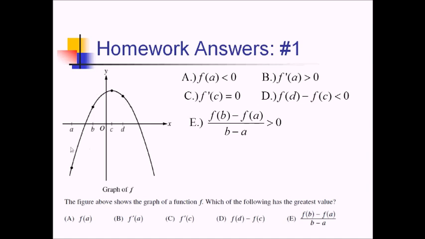And for that reason, it's also going to be bigger than any average between this and any of the other slopes along the way. So because this is concave down, because the slope is only going down, the average rate of change from A to B has to be less than the instantaneous rate of change at A. So that means that choice B then is the best answer on this.